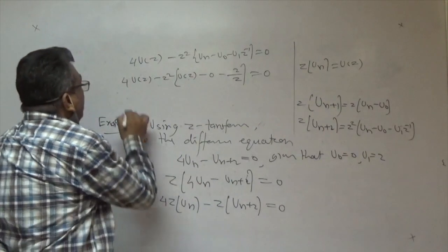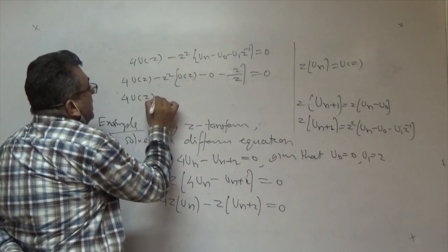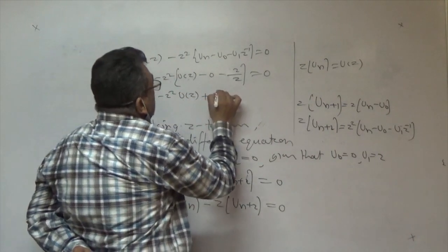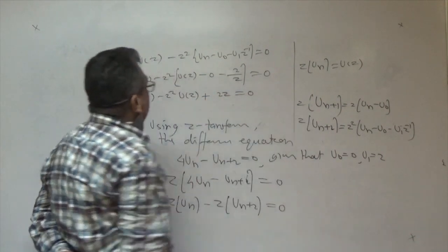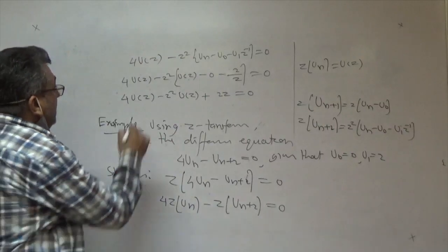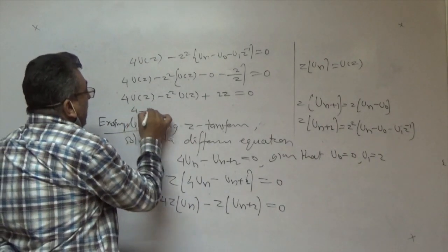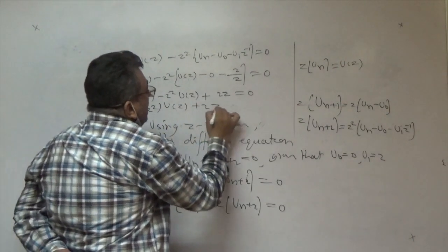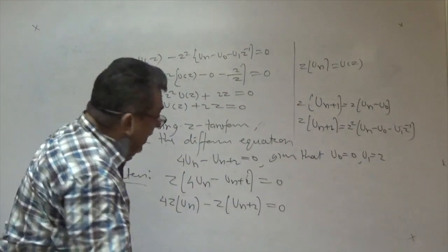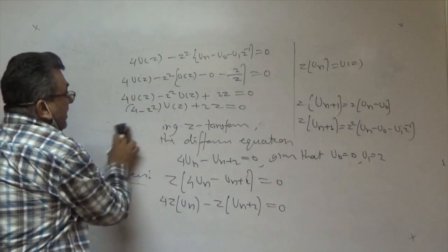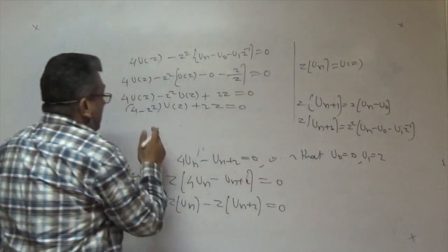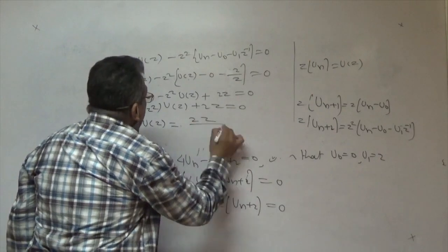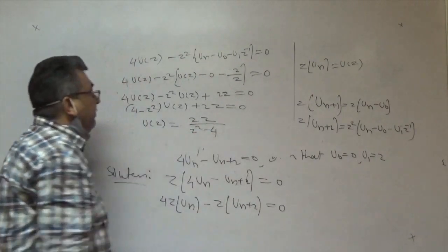If you open further, this is 4 times U(z) plus z squared times U(z) plus 2z. Finally we get this one. And here if you take U(z) common, it is (4 plus z squared) U(z) plus 2z equal to 0. If you find the value of U(z), transferring the values to the right hand side, finally we get 2z upon z squared minus 4.